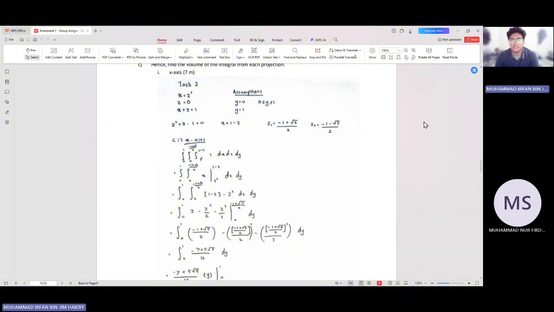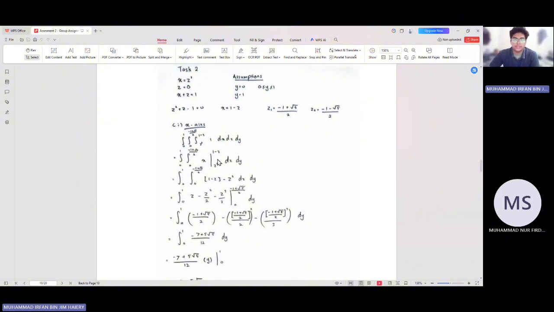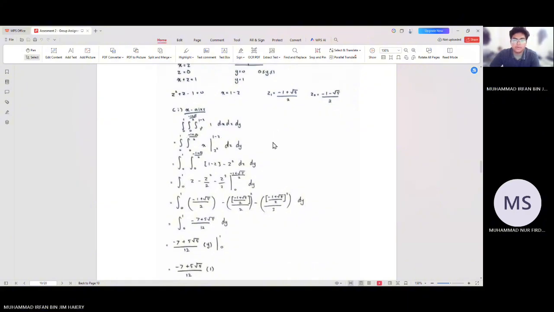For z1 and z2, we use the quadratic formula of z squared plus z minus 1 equal to 0. We place our limits in our equation, where dx is z squared to 1 minus z, dz is 0 to negative 1 plus root 5 over 2, and dy is 0 to 1.